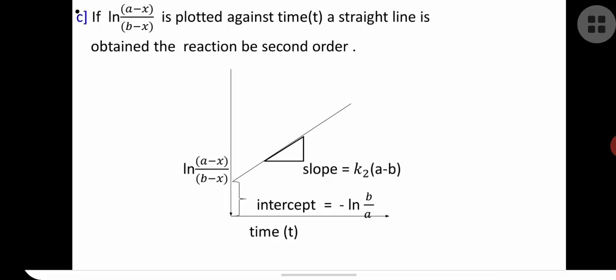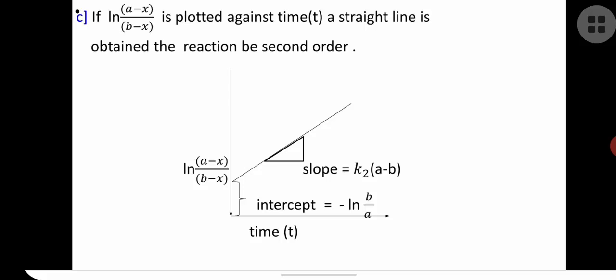Similarly, if we plot the graph of ln[(a - x)/(b - x)] against time, a straight line is obtained having slope equal to k2(a - b) and intercept along the y-axis equal to -ln(b/a). This shows that the reaction would be second order with unequal initial concentration.